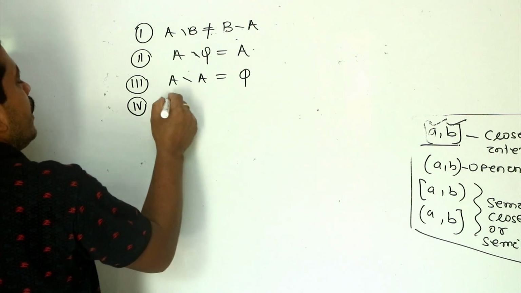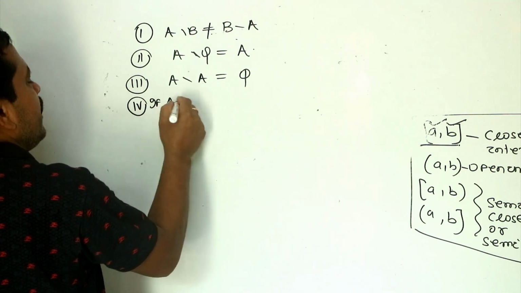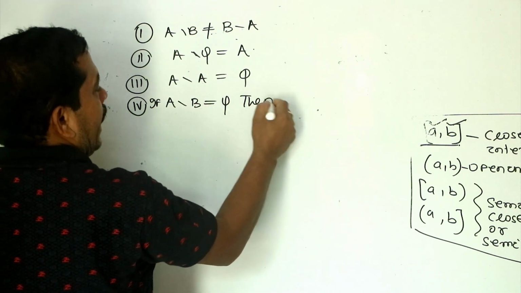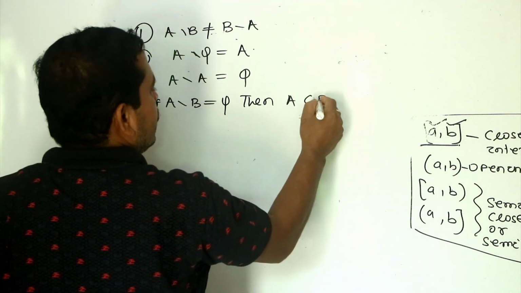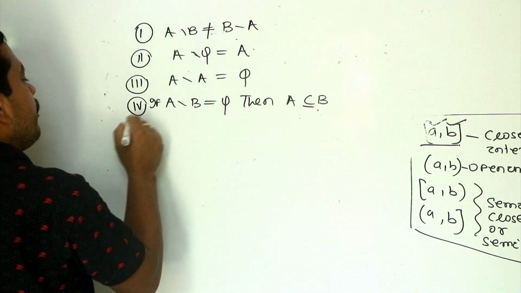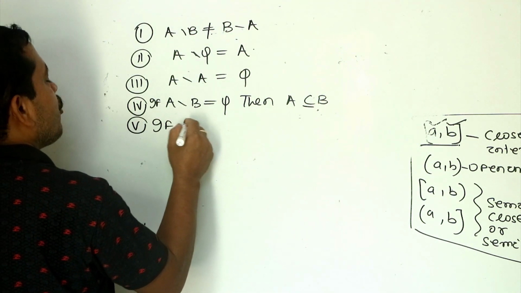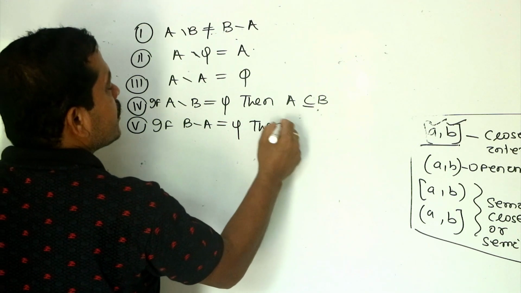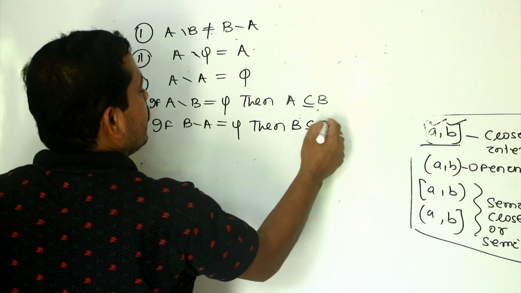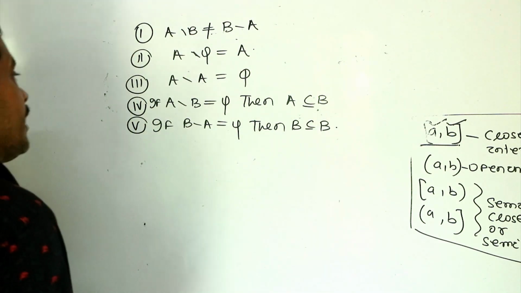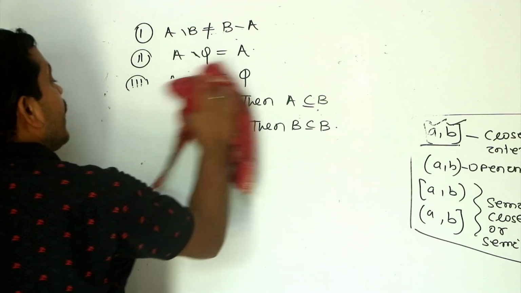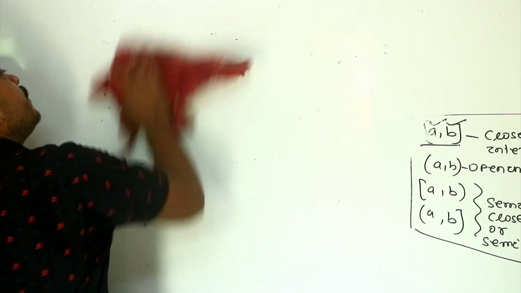Number four, if A difference B equals phi, then A is a subset of B. If B difference A equals phi, then B is a subset of A. Those are the basic properties of set difference. This is all about the difference of two sets.